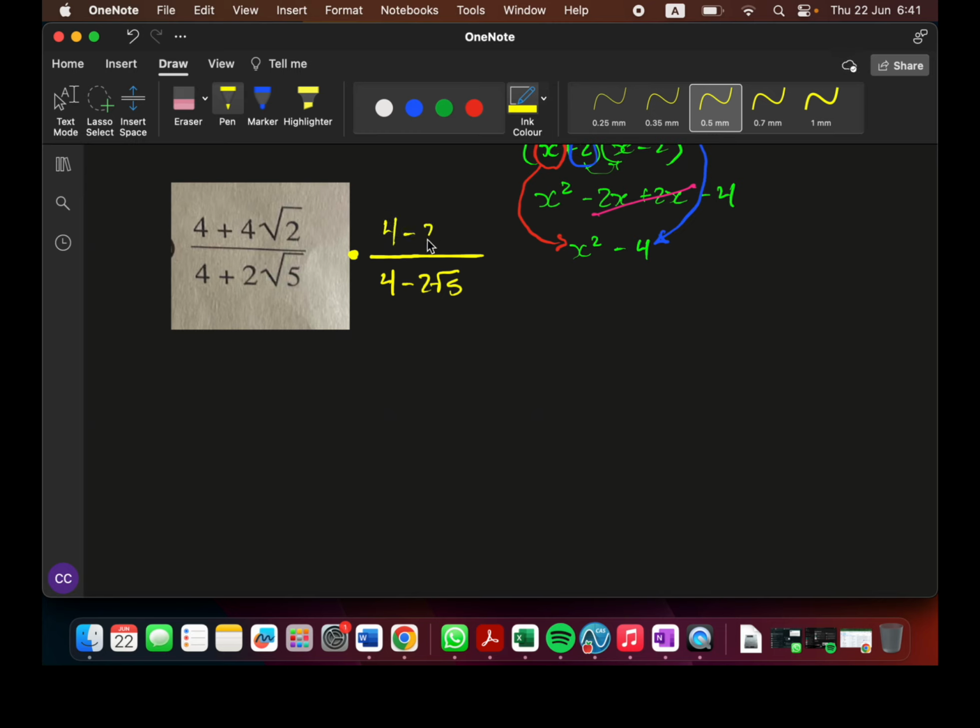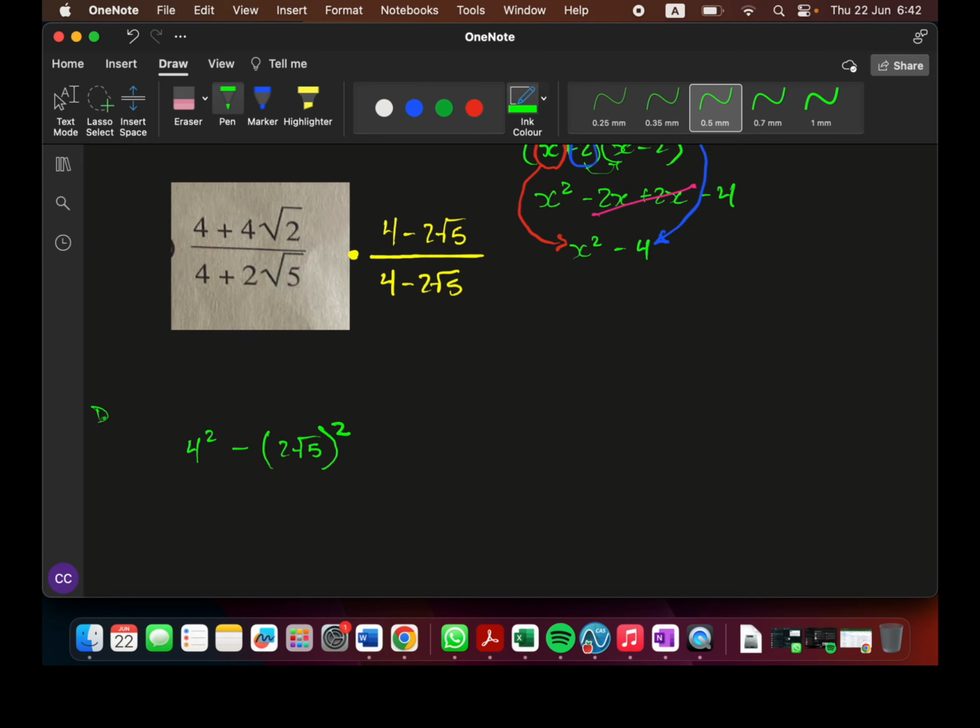Now, if I multiply the top of a fraction by something, in order to make sure it's the same, I have to multiply the bottom and the top by the same thing. So now it's just a matter of doing this. If we apply the difference of two squares, my denominator is going to become 4 squared minus 2 square roots of 5 squared.